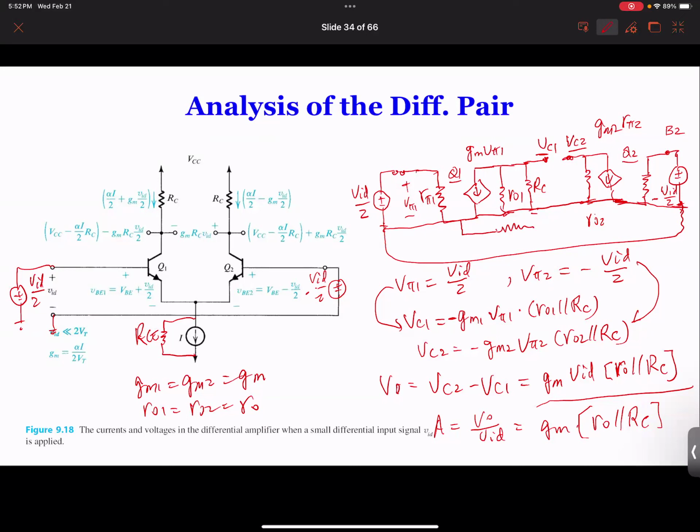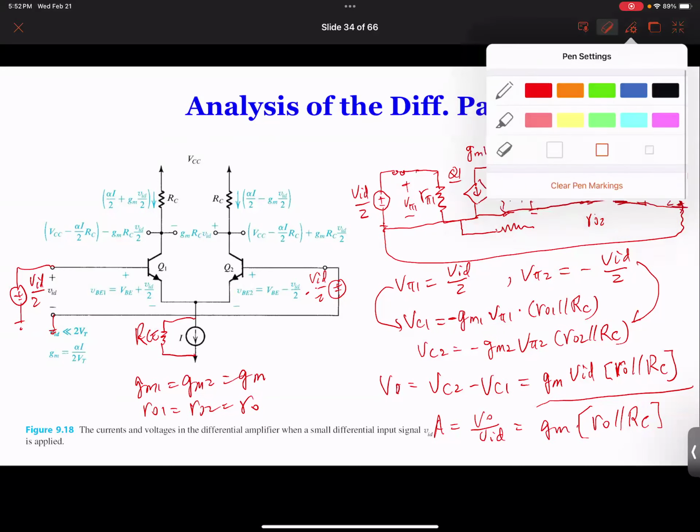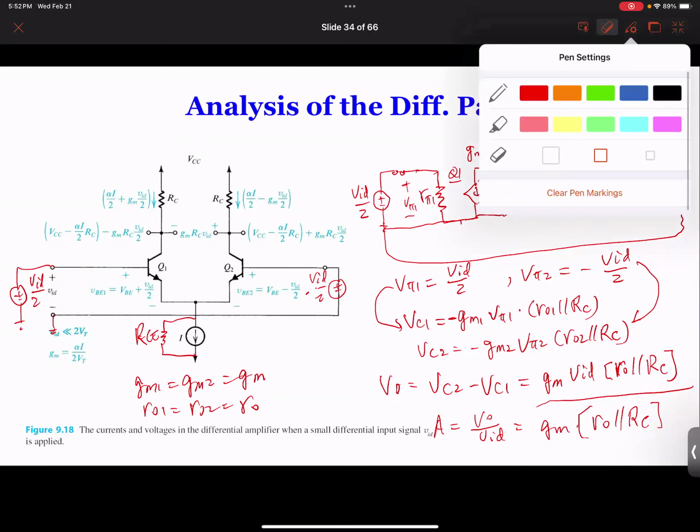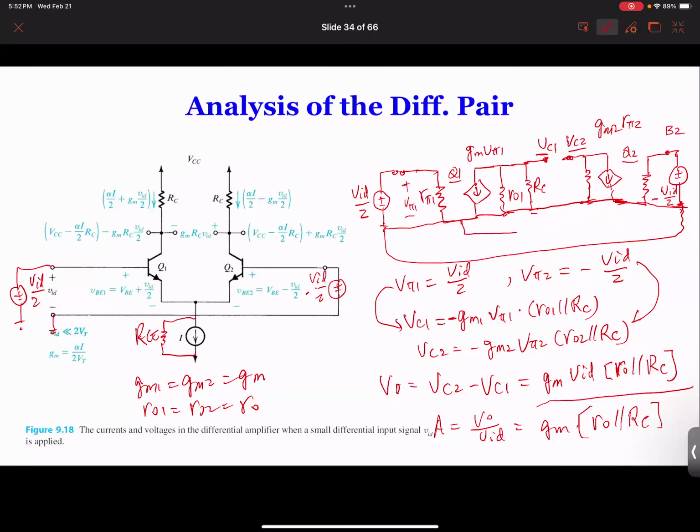Well, no, actually, let me, this is, this RE is between this one and the emitter of this one. Let me draw a slightly better picture.